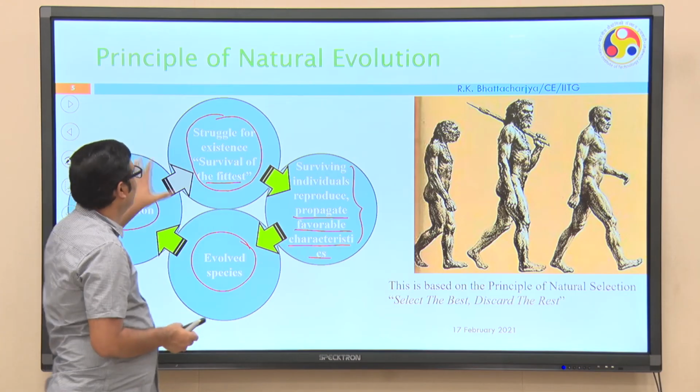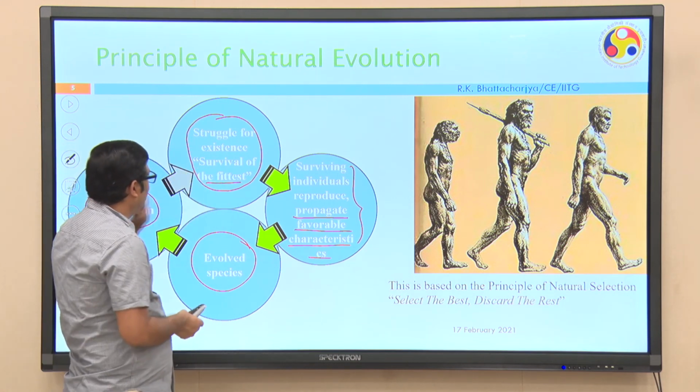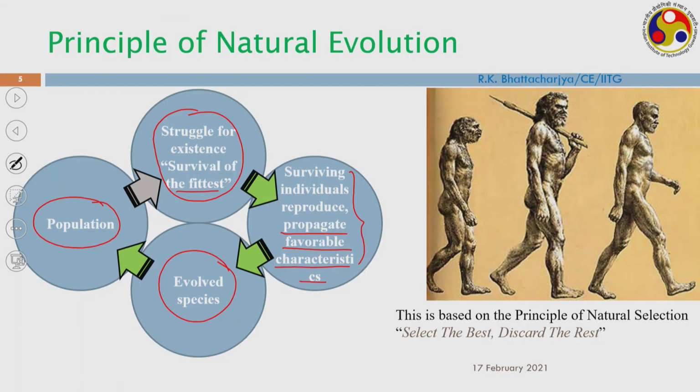So, populations are struggling for existence. We call it survival of the fittest, that means those who are fit will survive. Then surviving individuals reproduce and propagate favorable characteristics to their next generation, and this is known as the evolved process.